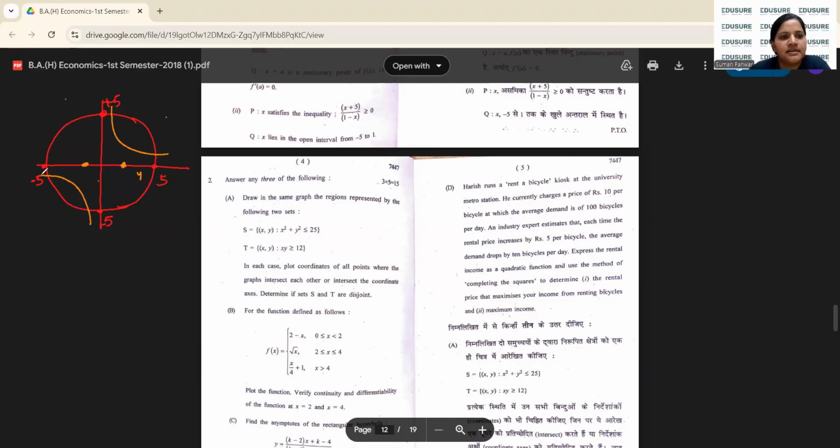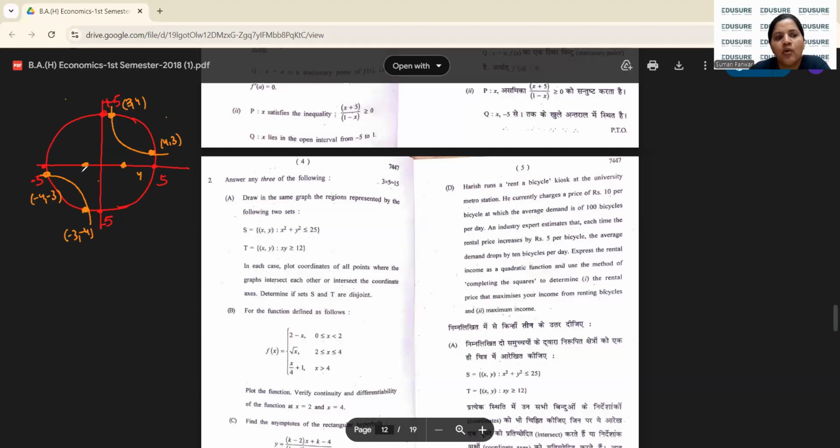And we will be having the intersections. So these points of intersection should be like the 4 points which are mentioned. One should be 3 comma 4, the other should be 4 comma 3. This is not exactly drawn to scale, and this should be minus 3 comma minus 4, and this should be minus 4 comma minus 3.